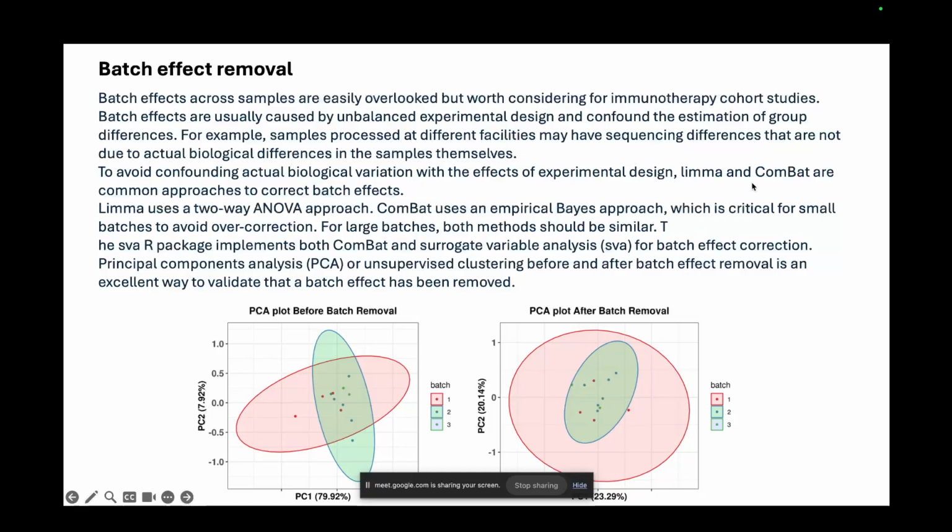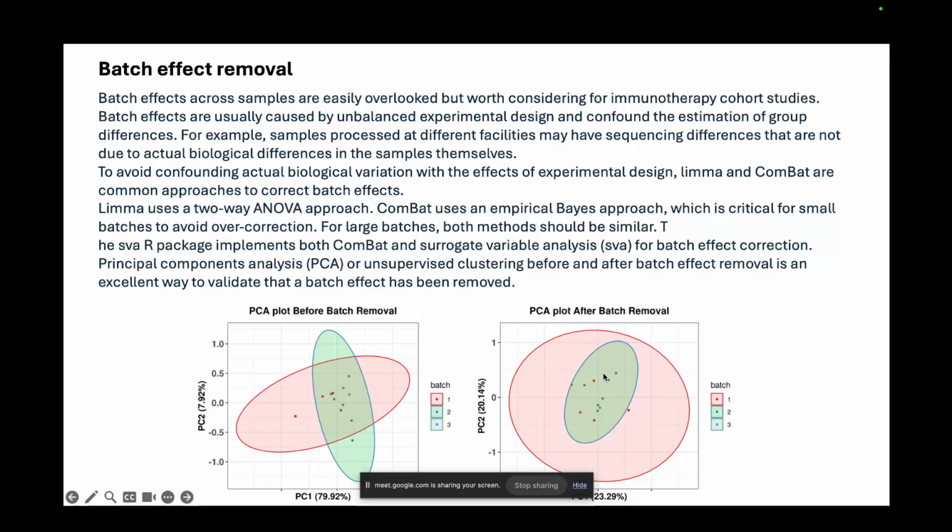So these are common approaches, which are limma and ComBat. Limma is quite widely used. It uses a two-way ANOVA approach, and ComBat uses an empirical Bayes approach, which is critical for small batches to avoid overcorrection. And after correction, it looks something like this, right? Here the clustering has occurred over a larger area, but it is overlapping with the other batches.